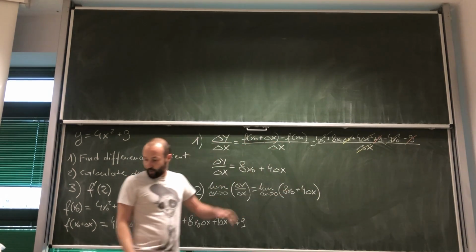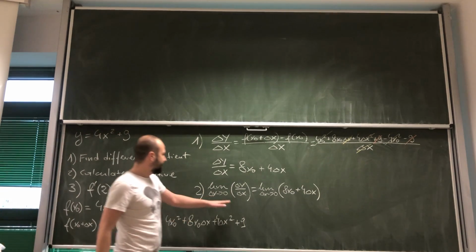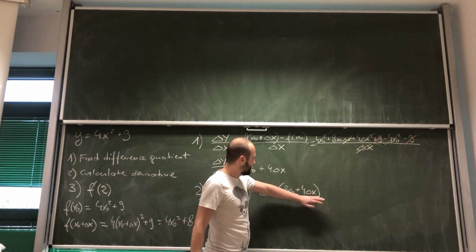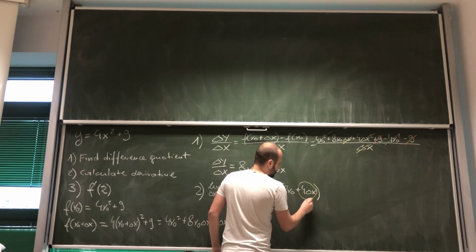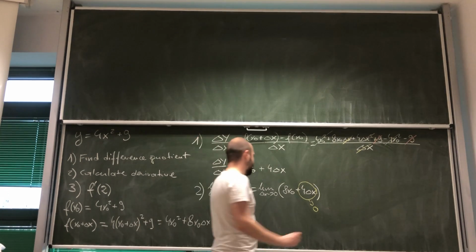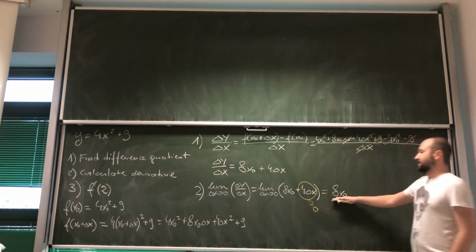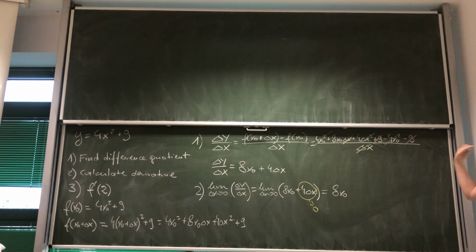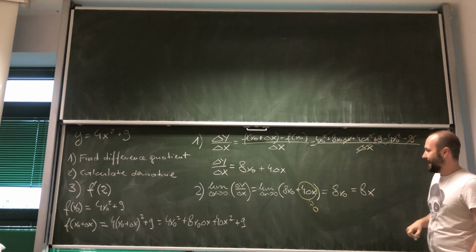Now, look, we can easily see that if delta x approaches 0, 4 times 0 is just 0. So we get that this is 8x0. But because x0 can now be any number, we can just write it as 8x.